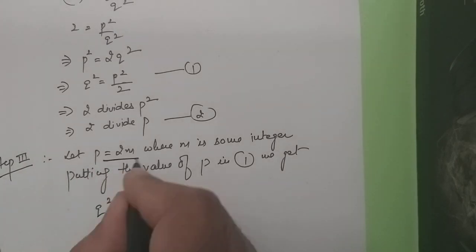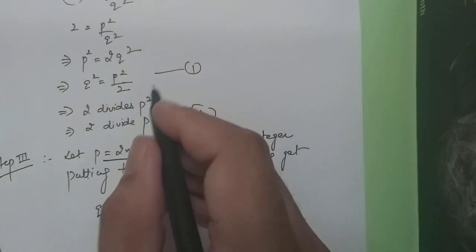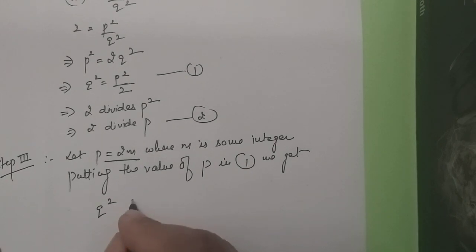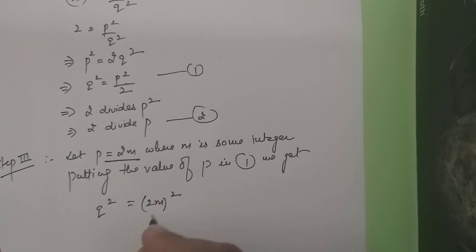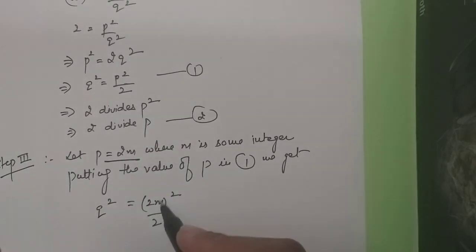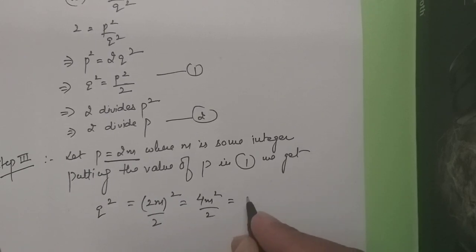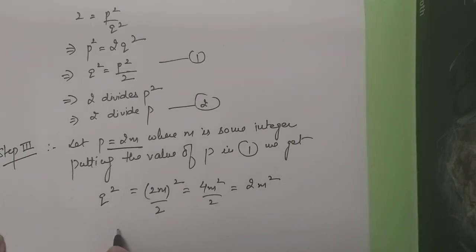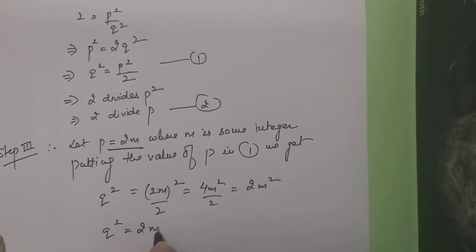We put p is equal to 2m in the first equation. So (2m) squared is 4m squared, divided by 2 we get 2m squared. It means q squared is equal to 2m squared.